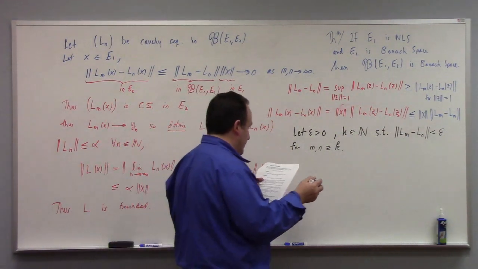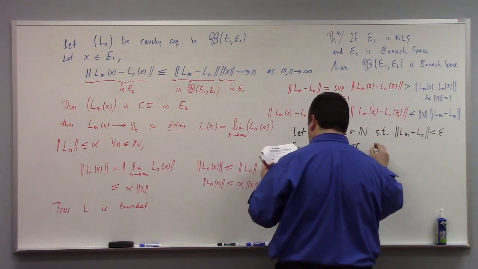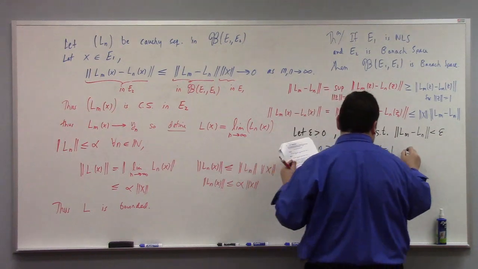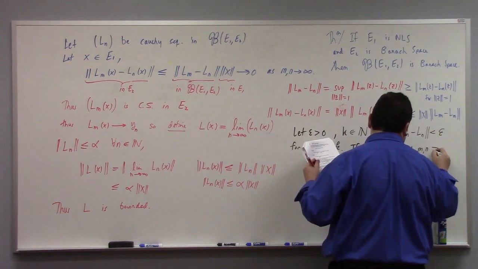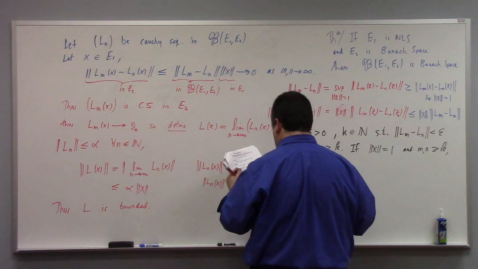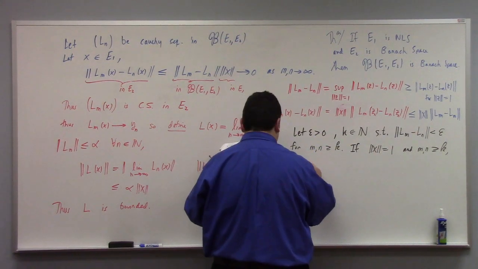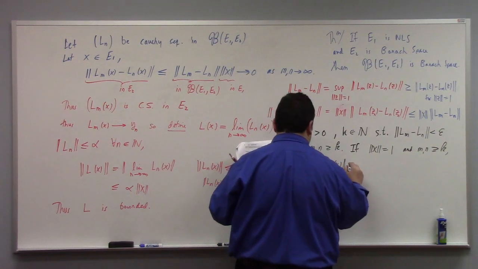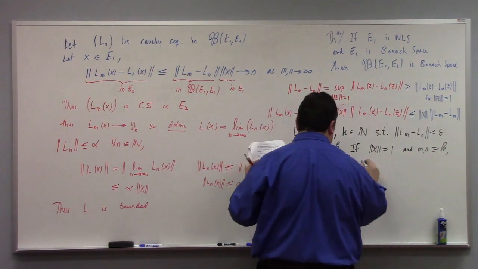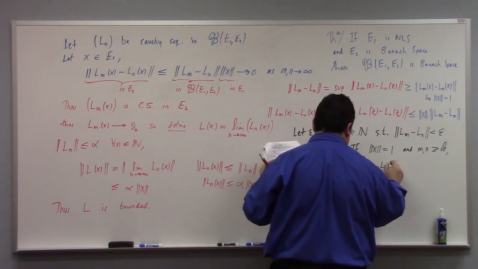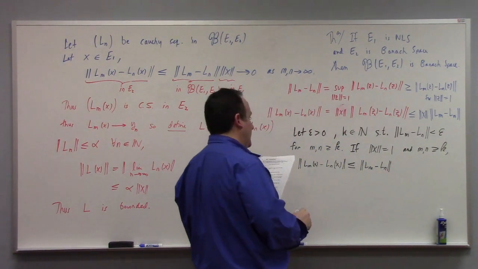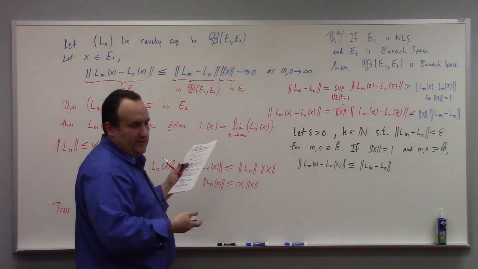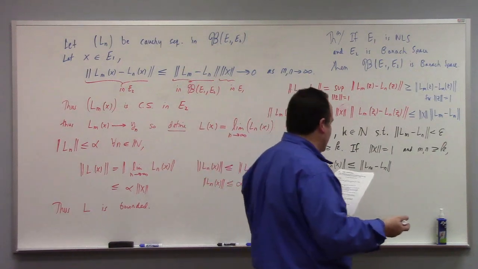And then he says, if the norm of x is equal to 1, and m and n are greater than or equal to k, then the norm of Lm of x minus Ln of x is less than or equal to the norm of Lm minus Ln times the norm of x. Again we're using the calculation that I pointed out, which I really feel like should be a lemma before he does this.